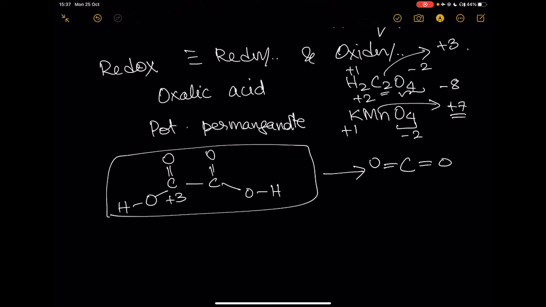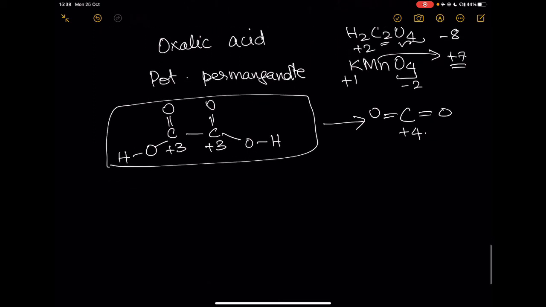In oxalic acid, as we just saw, carbon is in +3 state. On the other hand, in carbon dioxide it is in the +4 state. So each carbon ends up losing 1 electron. So C2O4 2 minus becomes CO2 plus 2 electrons.